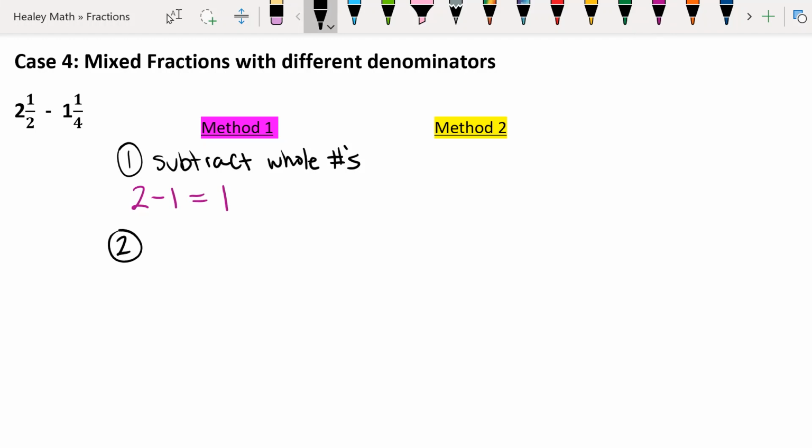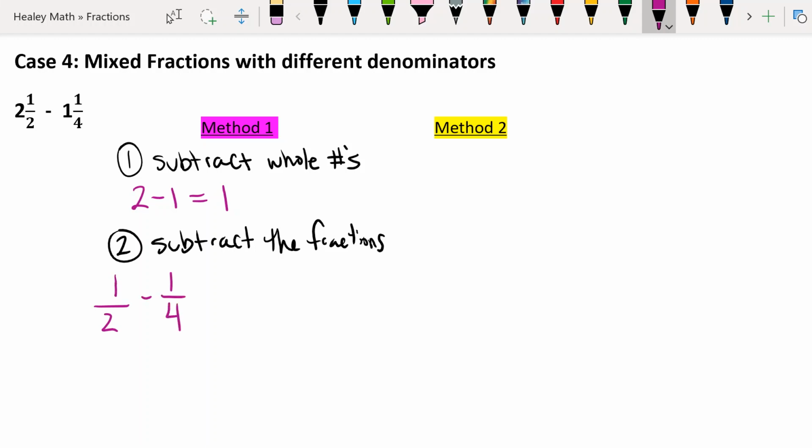Step 2 is now we are going to subtract the fractions. So we have 1 over 2 minus 1 over 4. This is a little bit different than the last case.